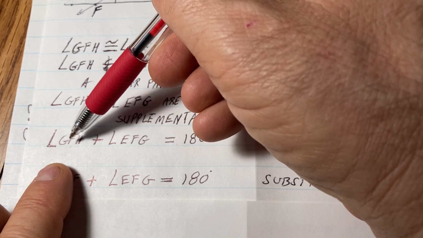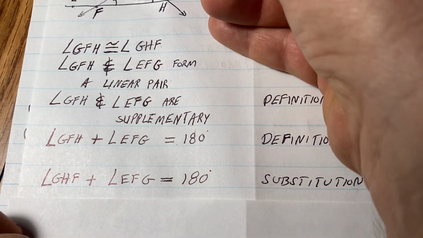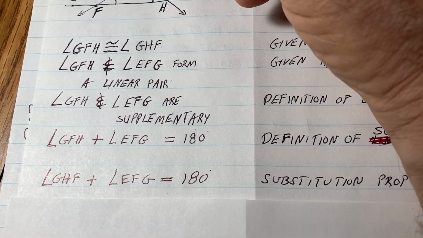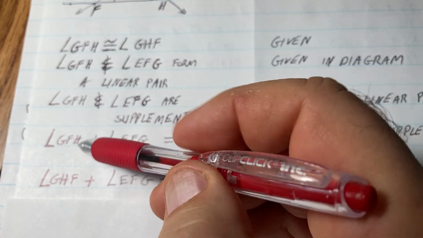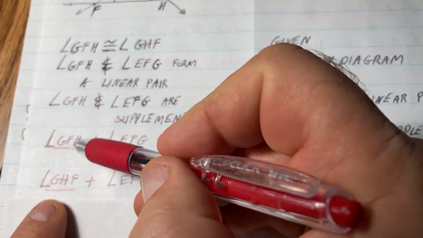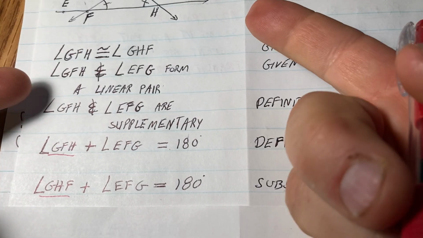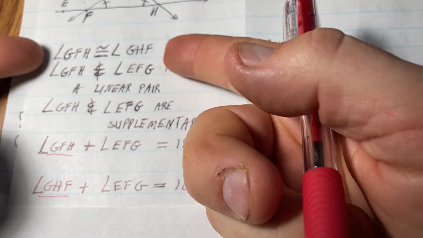This is angle GFH, from G to F to H. This one is angle GHF, from G to H to F. So what says we can change it from this to that? How can we do that? If only there's something here somewhere that says we can do that.